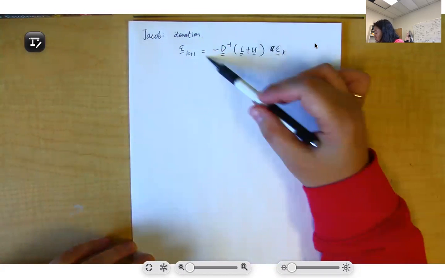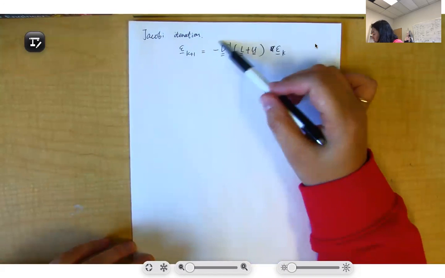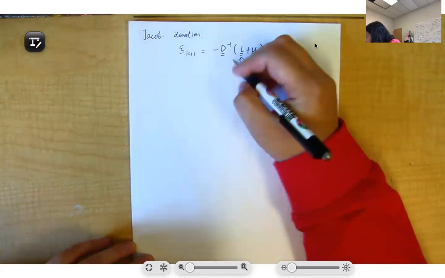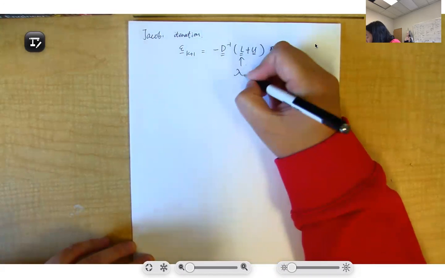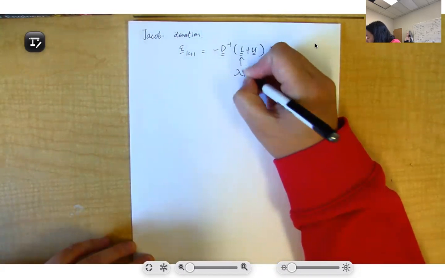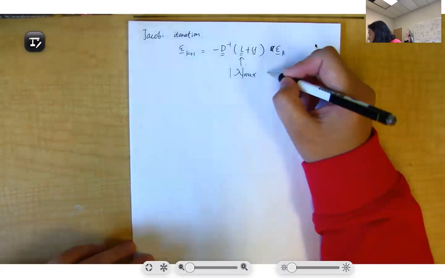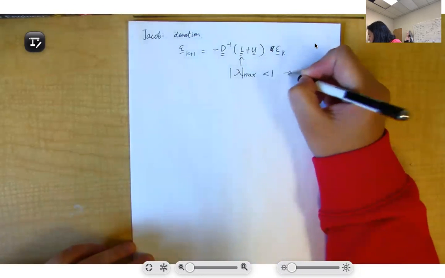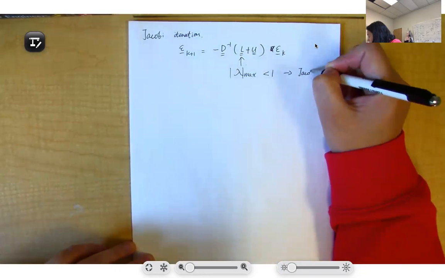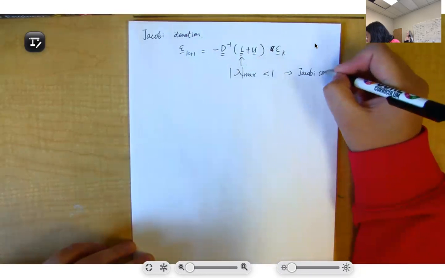And this is the matrix. If we get the eigenvalues, and the absolute value of the maximum eigenvalue lambda is smaller than 1, then the Jacobi iteration can work and converge.